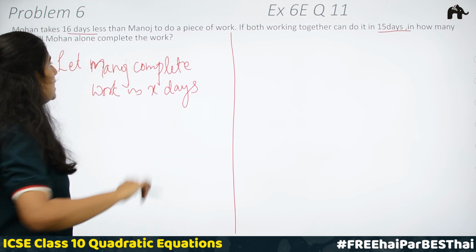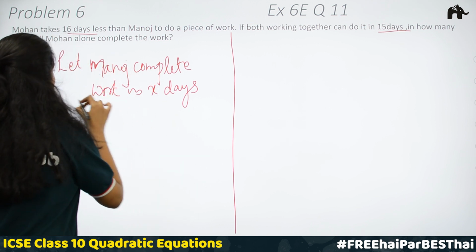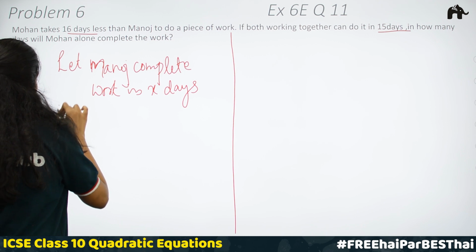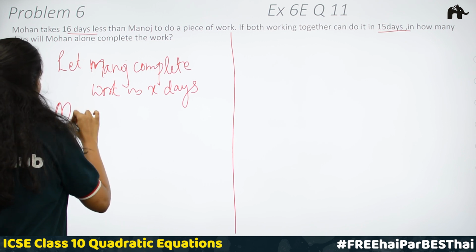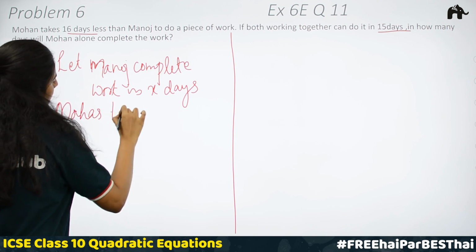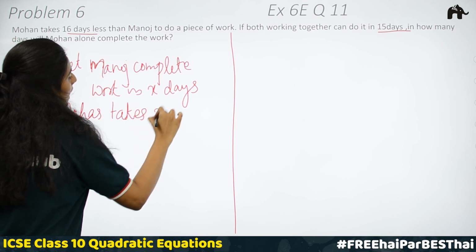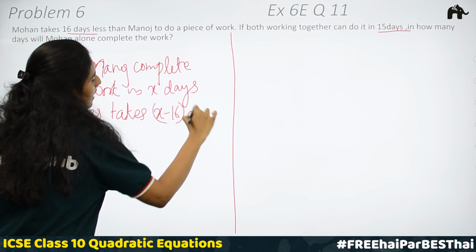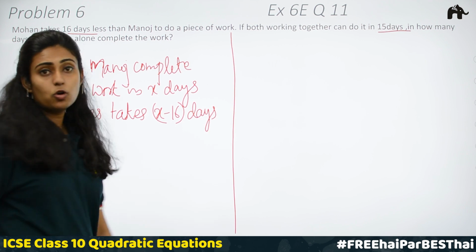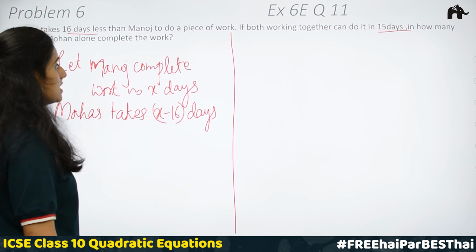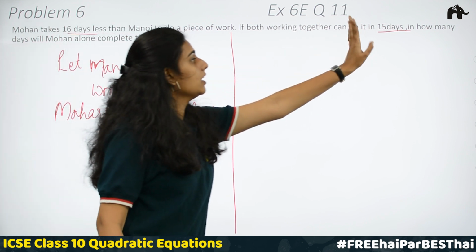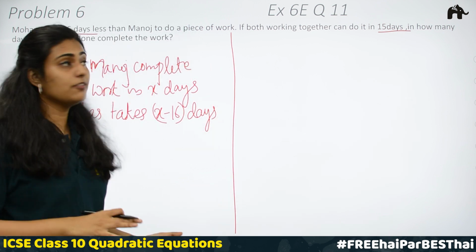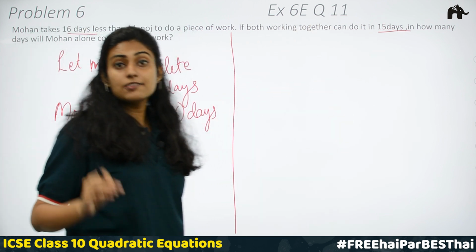Mohan takes 16 days less than Manoj, so Mohan takes x minus 16 days. If both working together can do it in 15 days, together if they work, they can complete the work in 15 days.